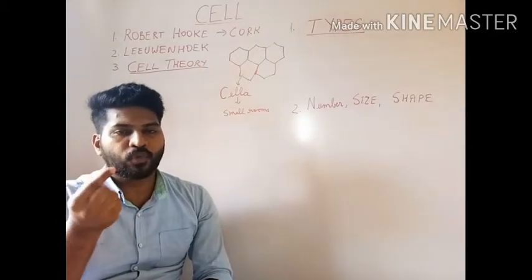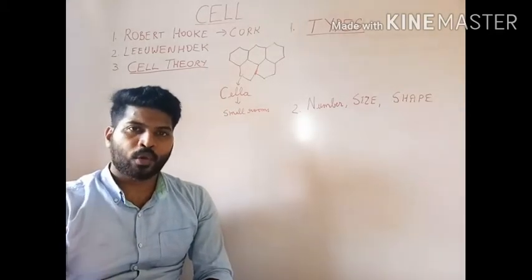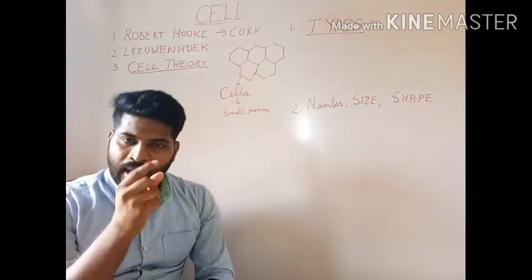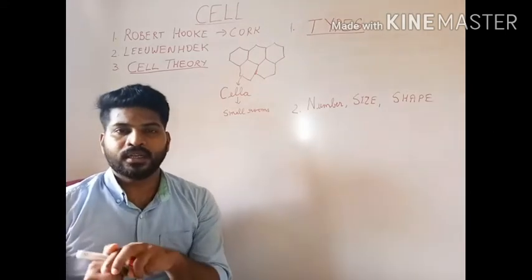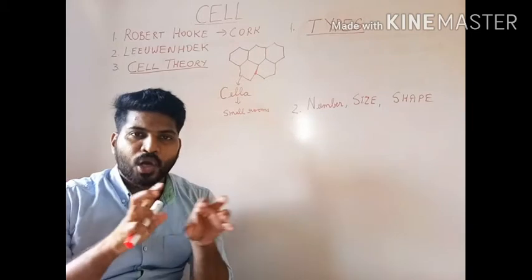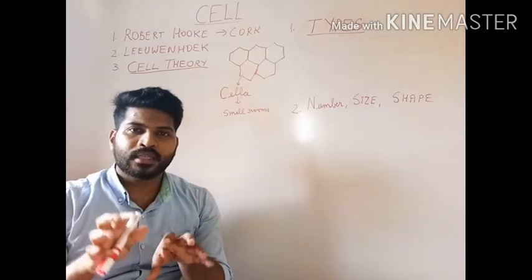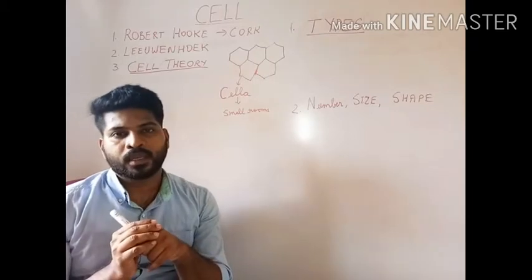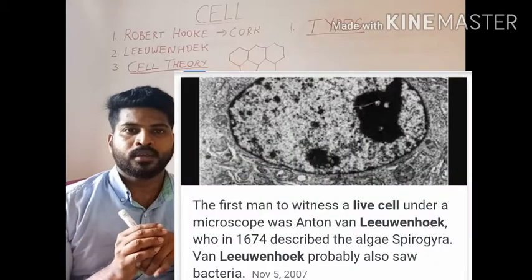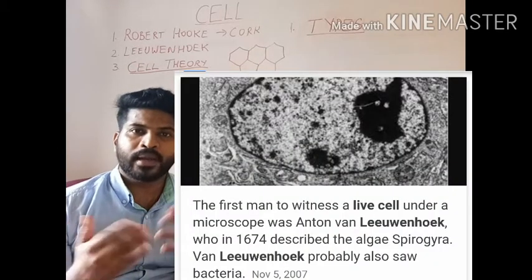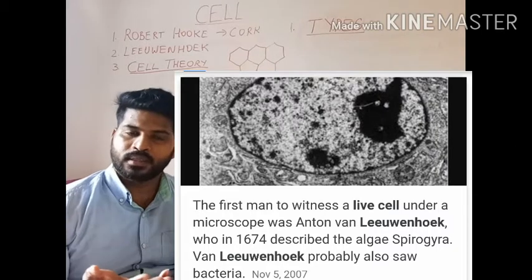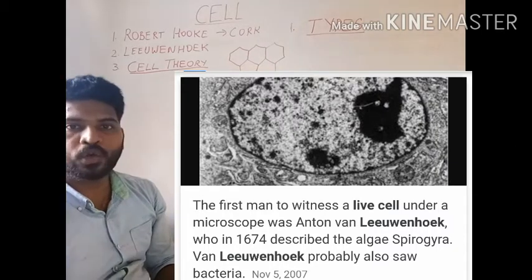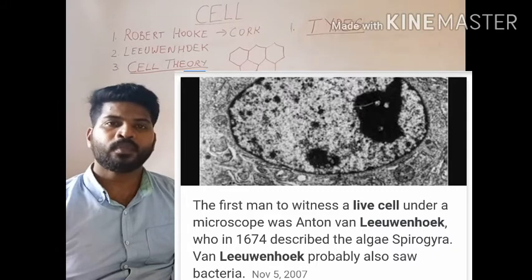He took a drop of pond water under the microscope and observed it. He could see that there were certain things that were moving in the drop of water. On close observation, he found that this movement is because of cells, which Robert Hooke had discovered.